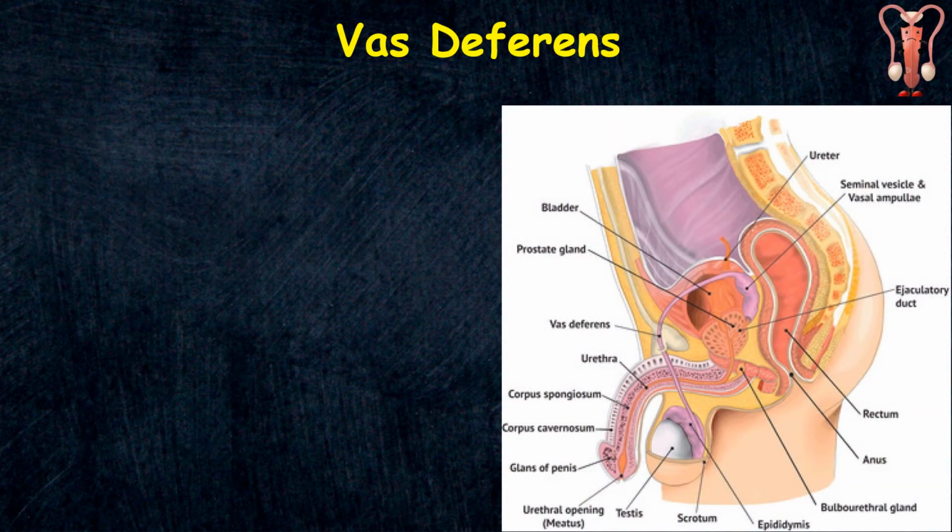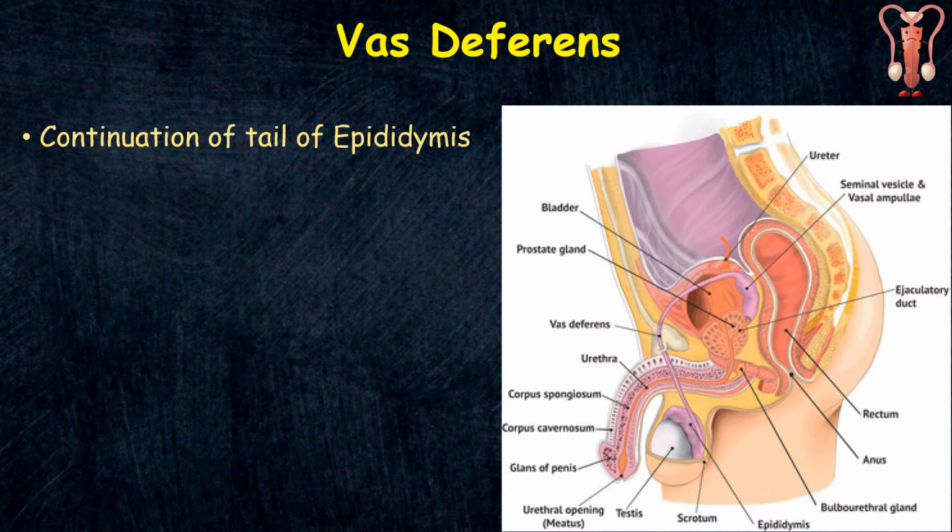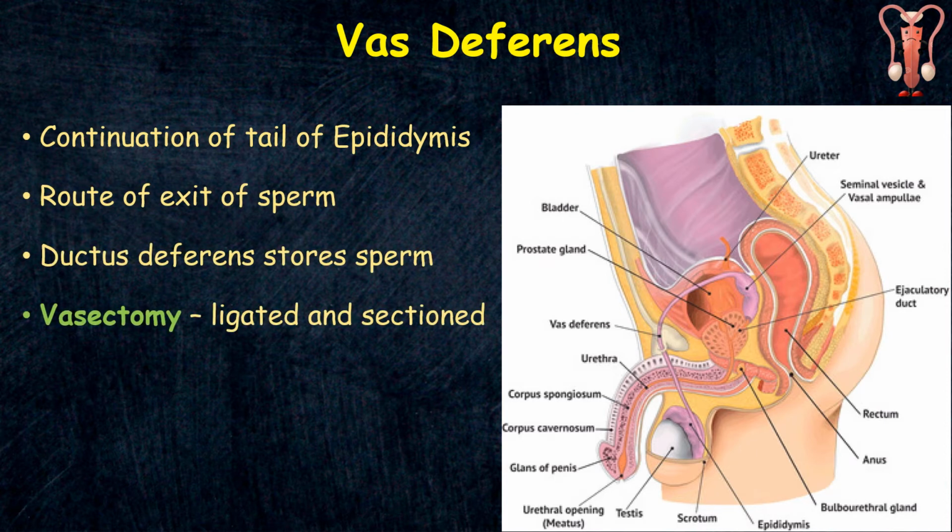Vas deferens or ductus deferens is the continuation of the tail of the epididymis. It ends by joining the duct of the seminal vesicle. It serves as a secondary storehouse for spermatozoa, which will be released at the time of ejaculation.